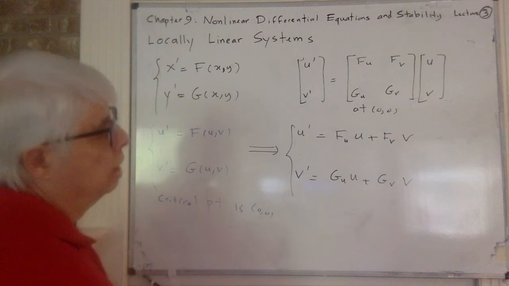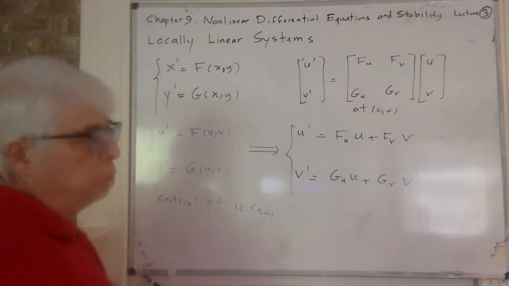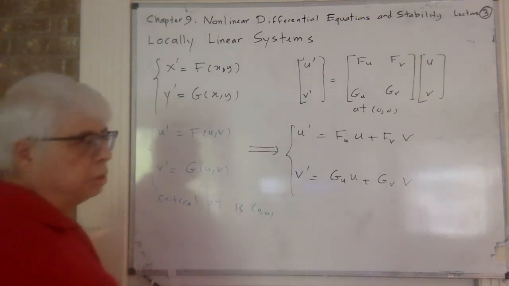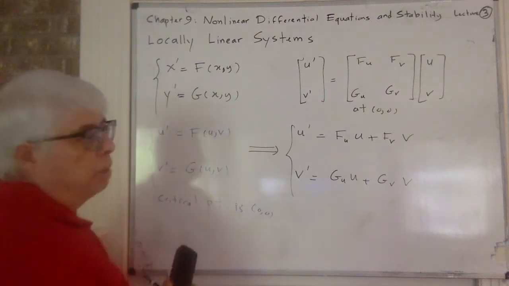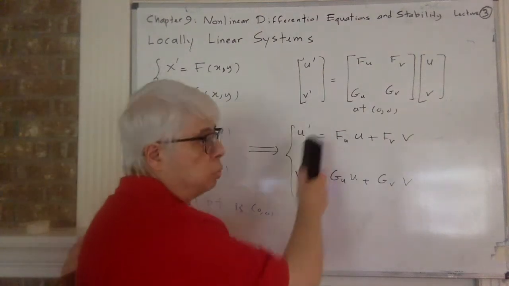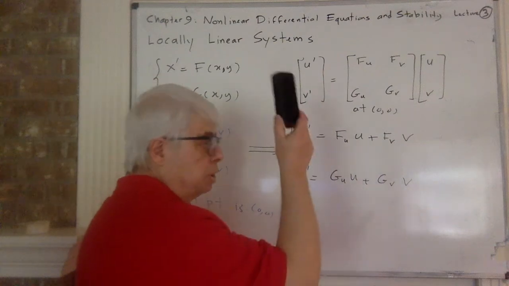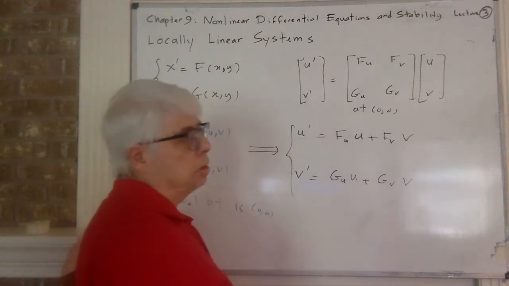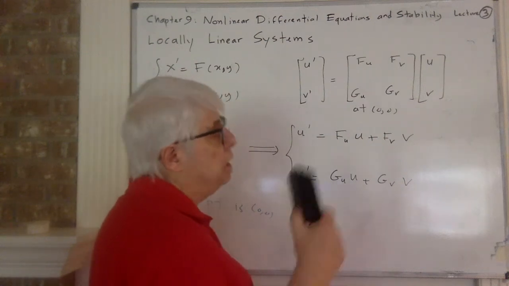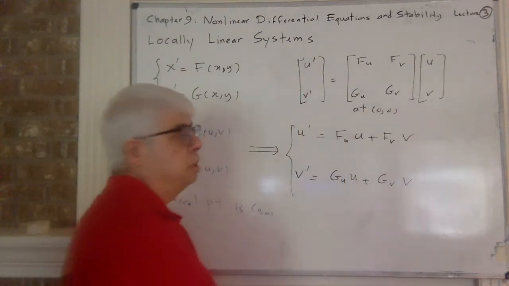In fact, we can say the solution about this point is approximately this. So instead of solving this about AB, we can solve this, which is a linear system. We can say that the solution to the nonlinear system about point AB, as you get closer and closer to point AB, is the solution to this linear system, which we know how to solve.